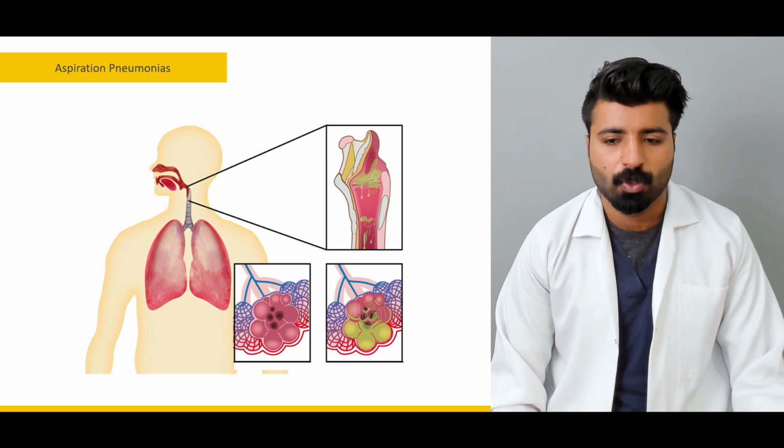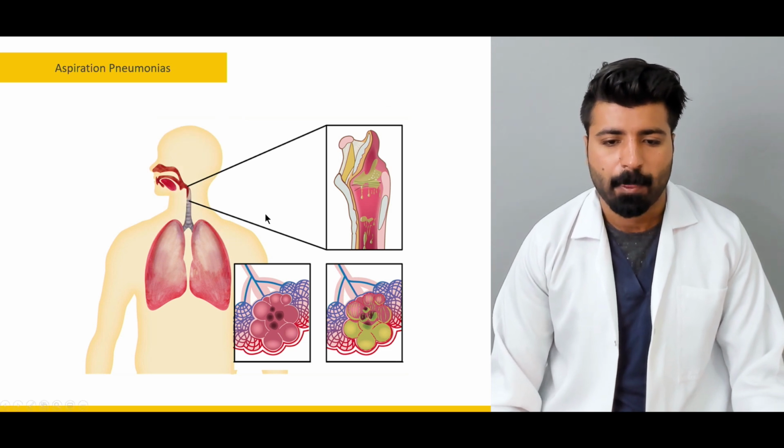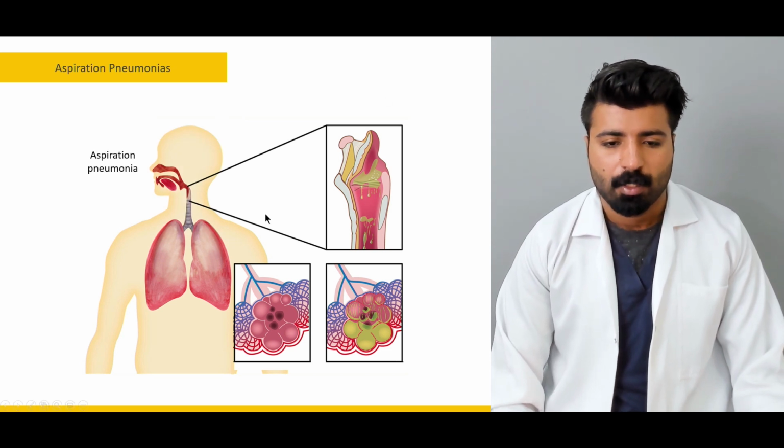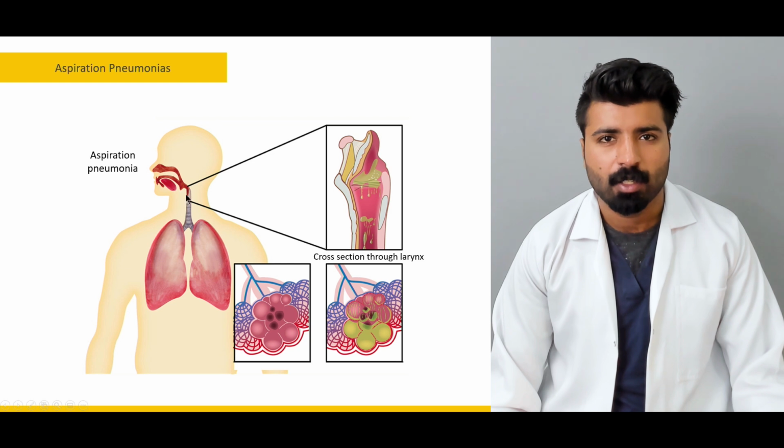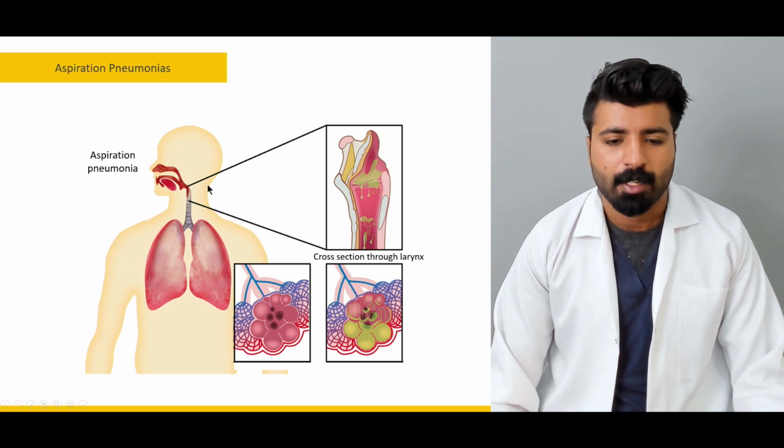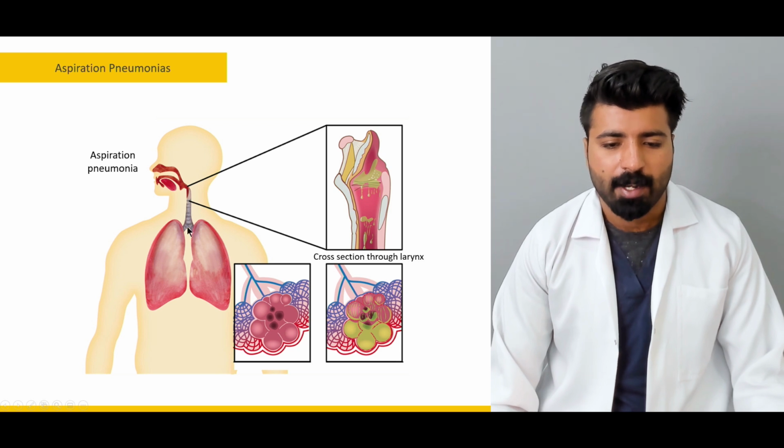So this is a cross section of a trachea. In aspiration pneumonia, what happens is that you're going to aspirate the fluid coming out of your stomach, and it is going to get in there and reach the alveolar level and cause an infection, cause a pneumonia, and the alveoli are going to get into this shape because all of this mucus and secretions are there.